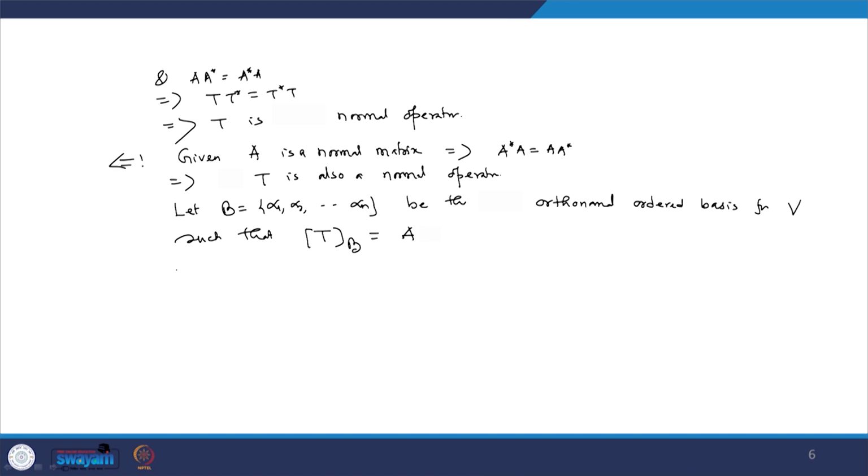So, this implies if you consider the image of alpha 1 under T, it is also given to me that this is an upper triangular matrix.